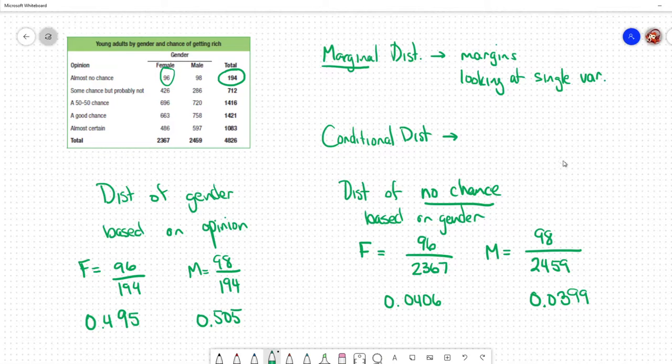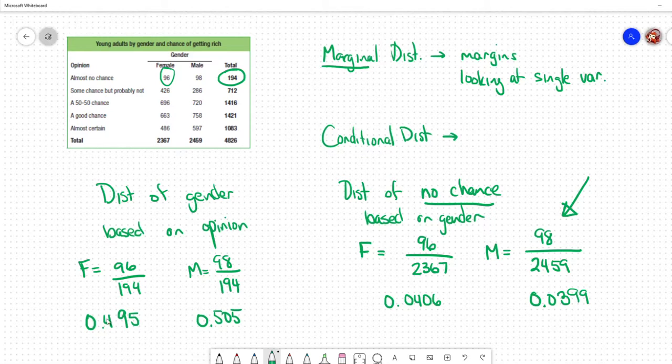I would probably look at this way of doing a conditional distribution versus this way here. Because if I just look at the opinion only and see, does that determine the gender? That's really not the question I'm trying to answer. What I'm trying to answer is, does gender influence opinion?